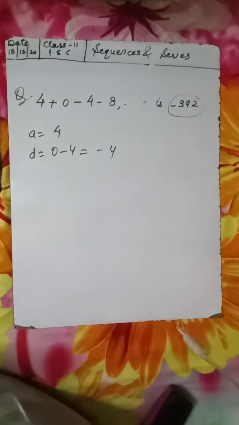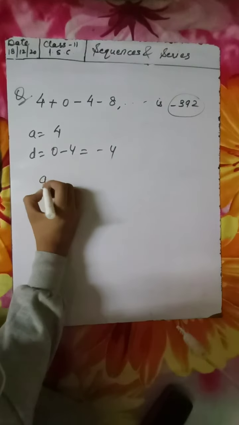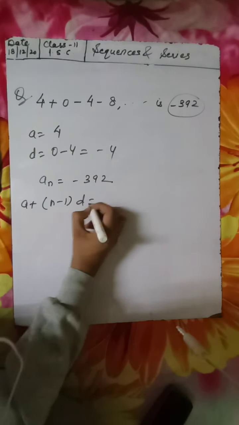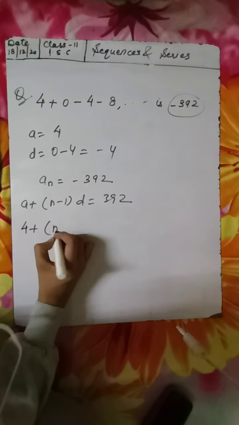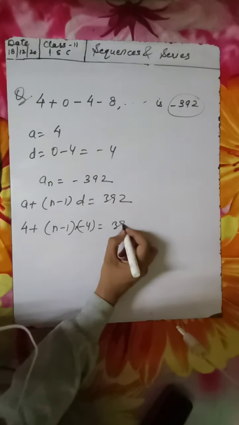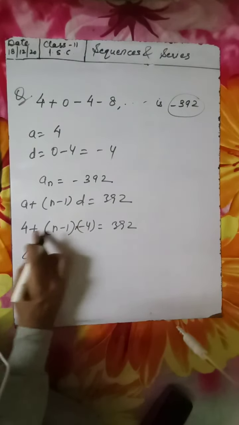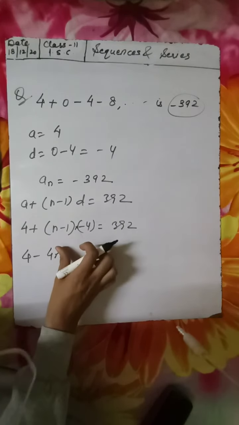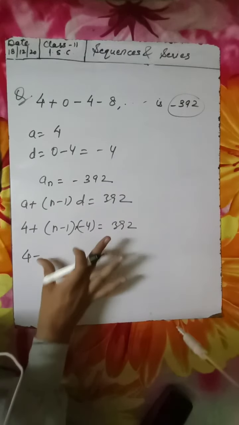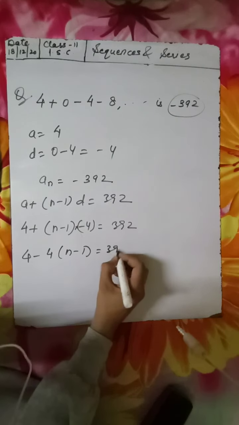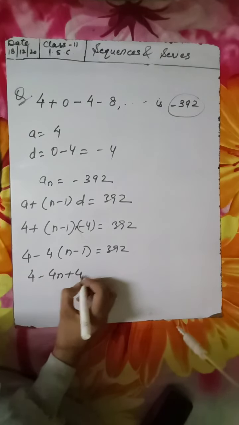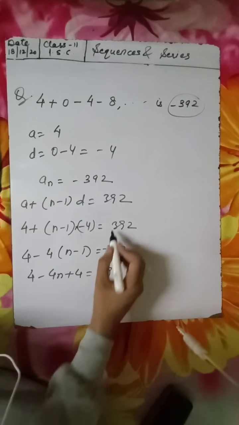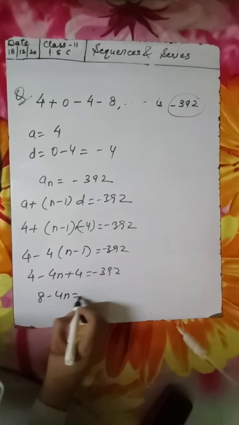Let us consider minus 392 as any term, or just consider an is equal to minus 392. an is a plus n minus 1 into d, which is minus 392. a is 4, and this is minus 4. So this minus and this plus will become minus, and multiply 4 inside, so it will be 4 minus of 4n plus 4. 4 plus 4 is 8. So 8 minus 4n is equal to minus 392.